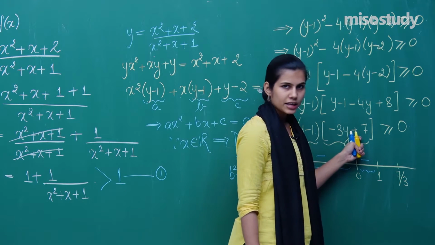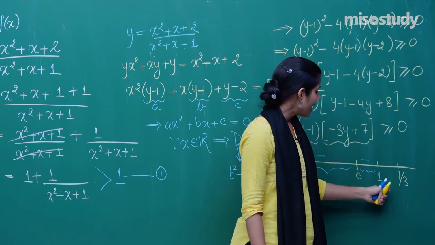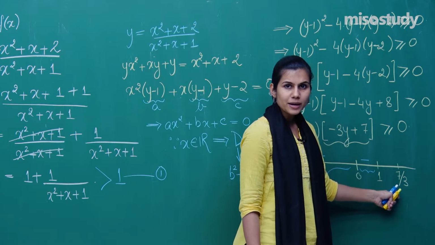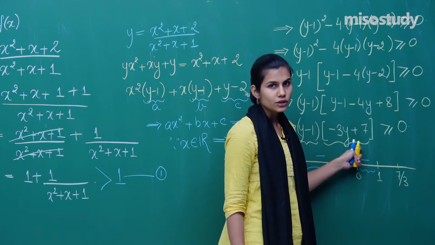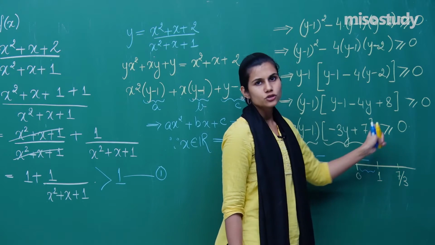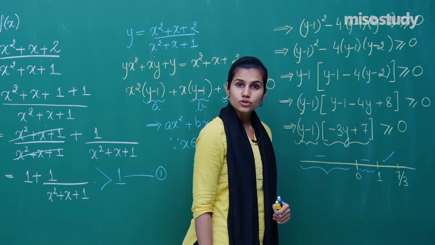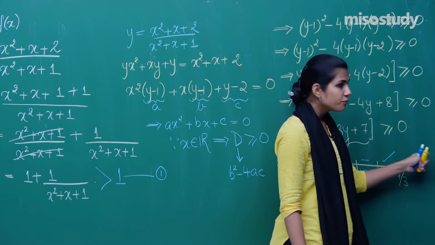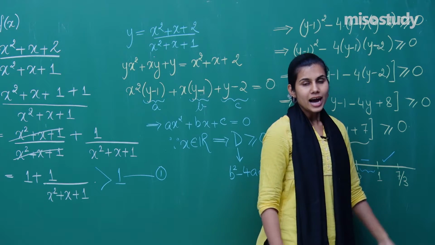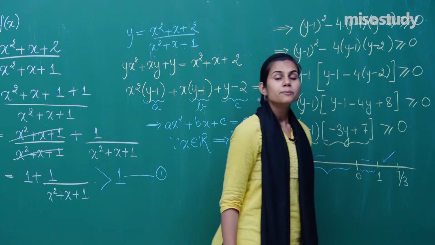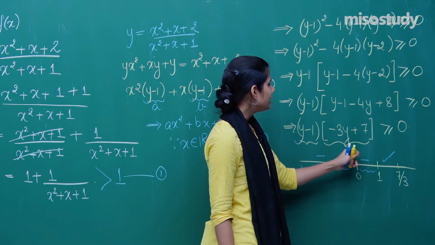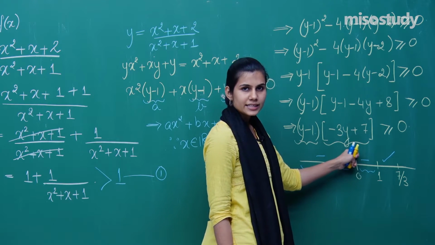And over here, if I again substitute y, which is greater than 1, less than 7 by 3, again this will be non-negative, giving the product to be non-negative. So this is the correct range. In fact, if I move beyond 7 by 3, I will be increasing numbers by greater than 7 by 3, and then this will be creating a problem.